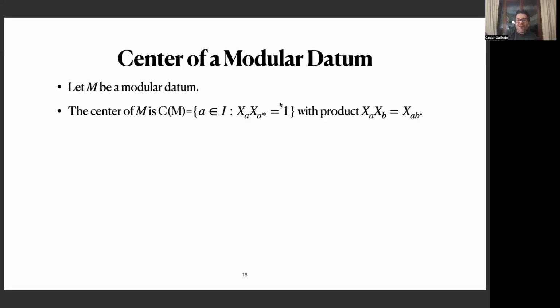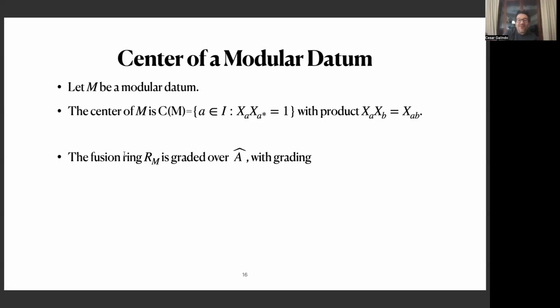This refers to the product in the associated fusion ring, which, remember, is formally just the algebra of functions from I to the complex numbers, with this particular basis that is described only in terms of the S matrix.